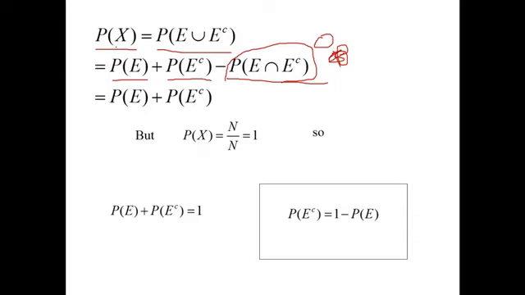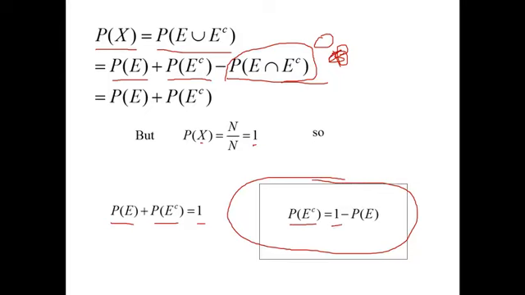And on the other hand, the probability of X is equal to 1. So I can say the probability of E plus the probability of E complement is equal to 1. I can do some algebra to rearrange this and say the probability of E complement is 1 minus the probability of E.